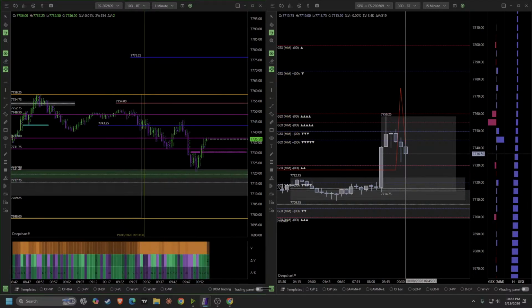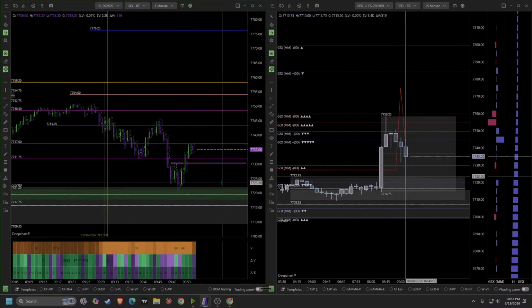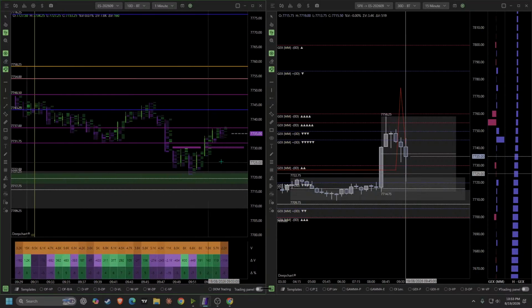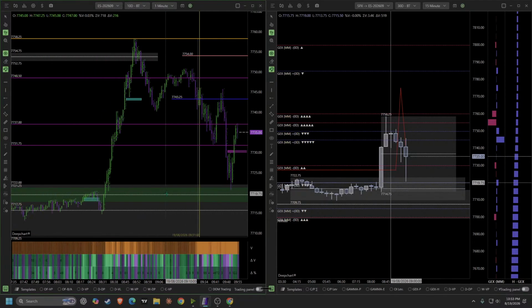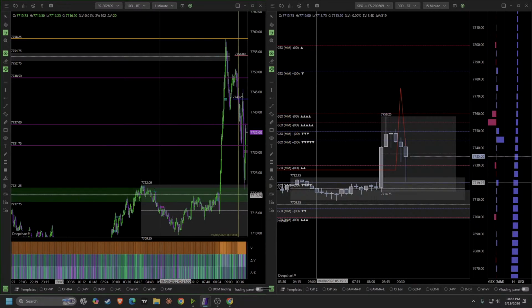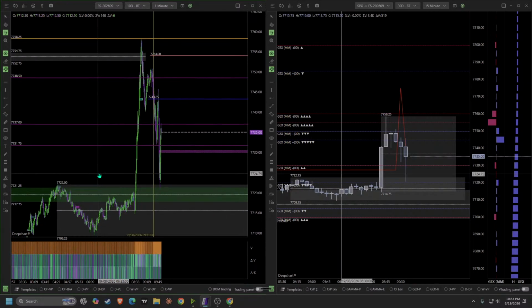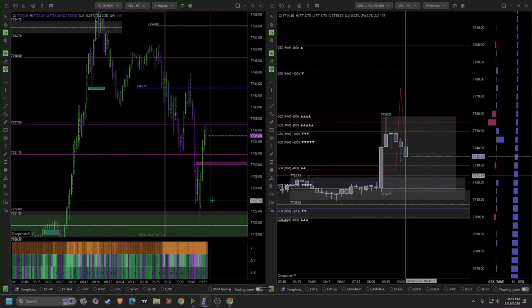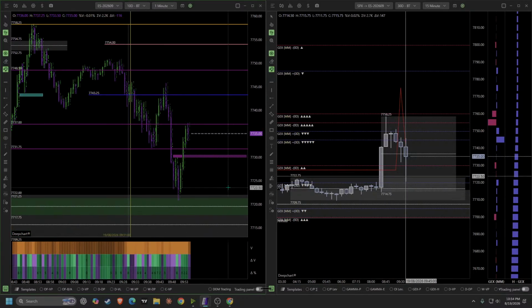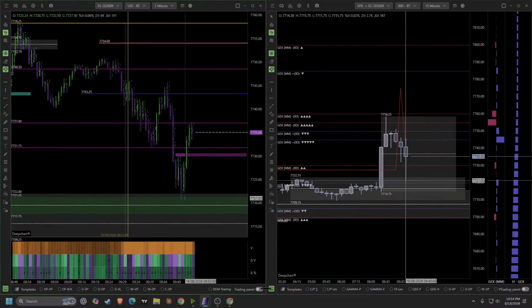All right, so you can see, I'm going to pause this. We have it on 8x speed. We're about 20 minutes into the session. We tapped right into this zone where buyers stepped in before. And price pushed up.